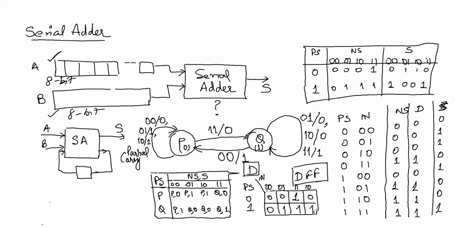Okay, so I can minimize this using 3 pairs.